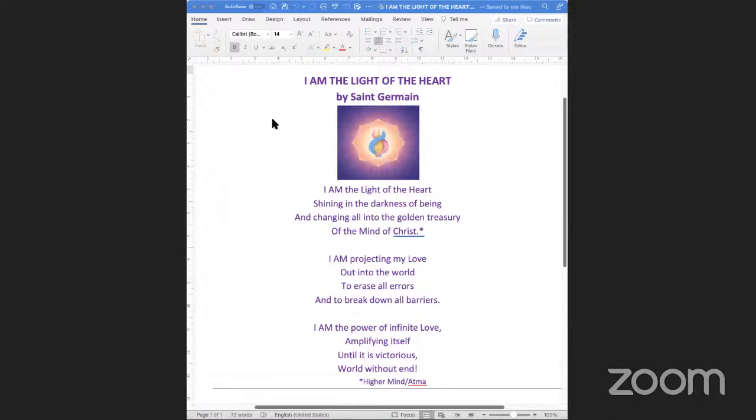Focus on the image of your threefold flame. Visualize large, pulsating blue, golden, and pink flames radiating out from the center of your chest. Feel deep love and gratitude in your heart for the gift of life that has been given to you. Now intone the Om as you hold this visualization.